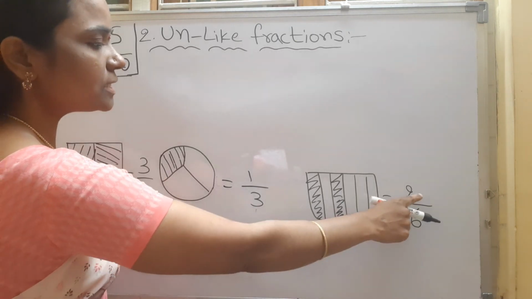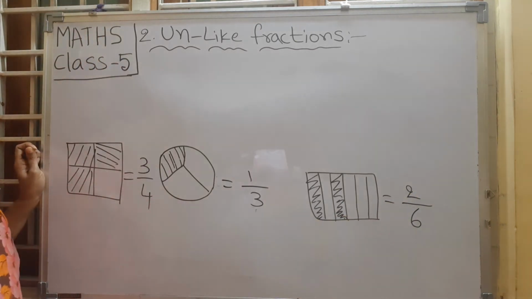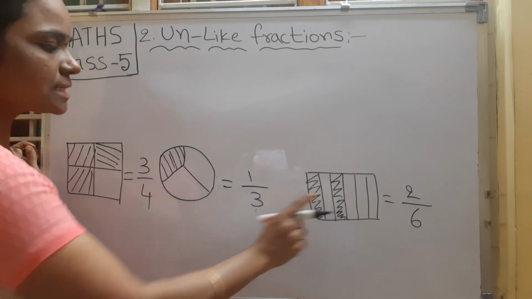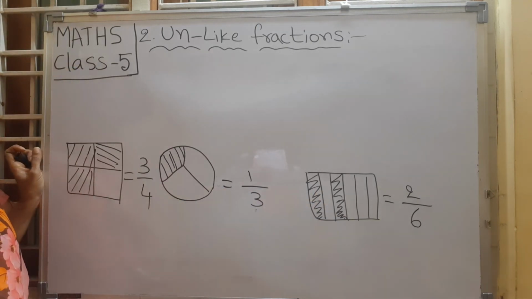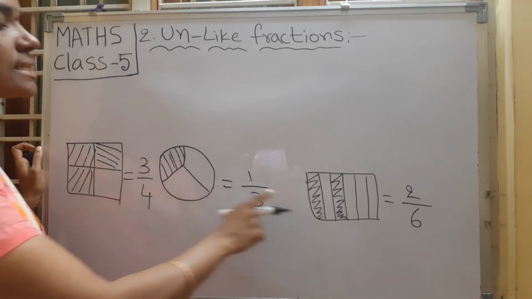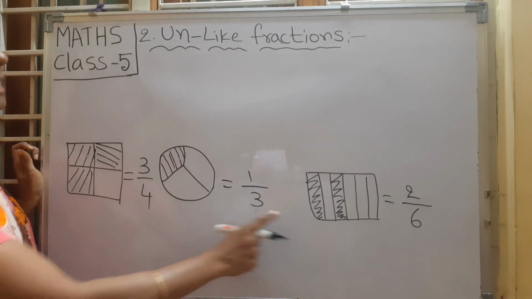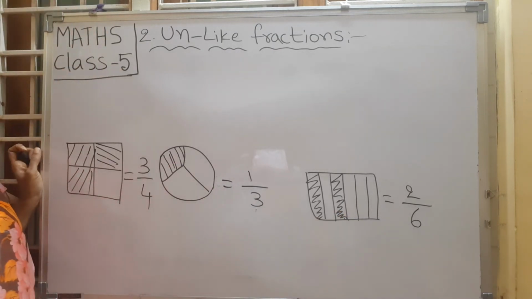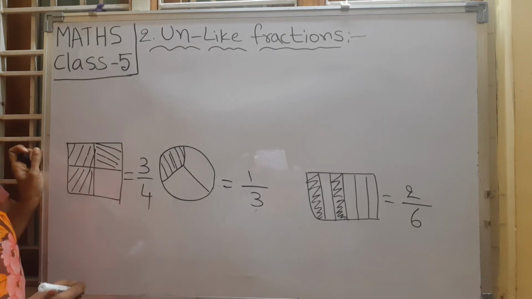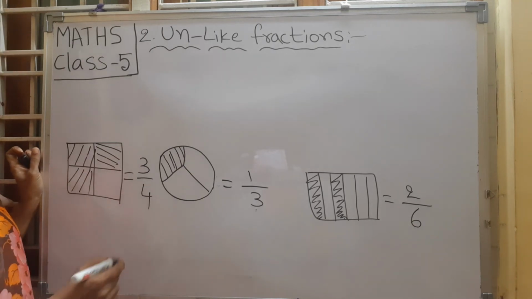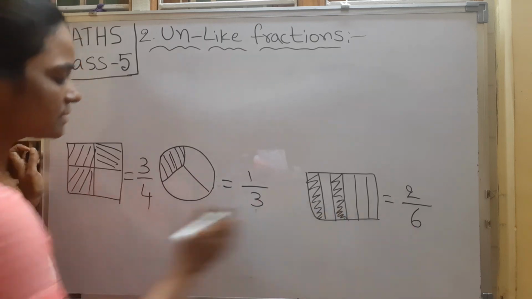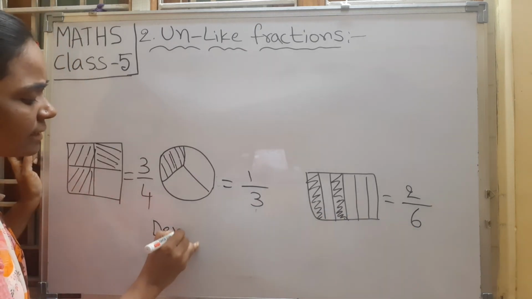Out of 6, only 2 parts are colored. So observe these examples, children. What is your observation? From these 3 examples, we can say that the denominators are different for the given fractions. Am I right, children? Yes. How are the denominators? Denominators are different.